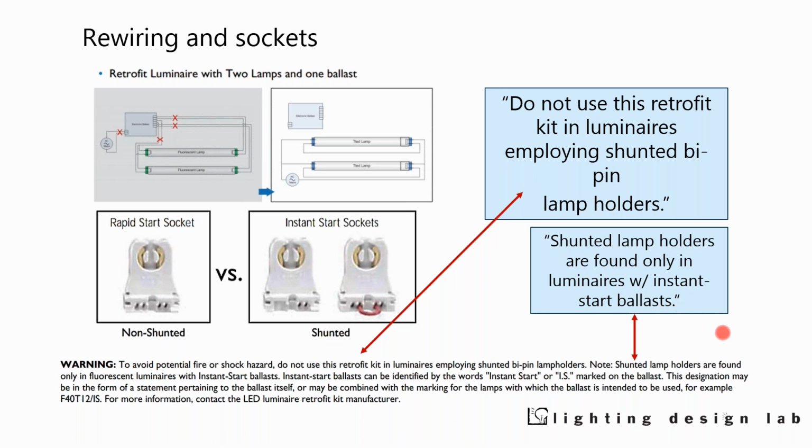Well, I'm just going to say that by far the most common ballast you'll find on the marketplace today is instant start in existing buildings. So you need to think that beyond just using the tube, you're going to have to replace the sockets in the fixture. So it's some electrical work and cost.